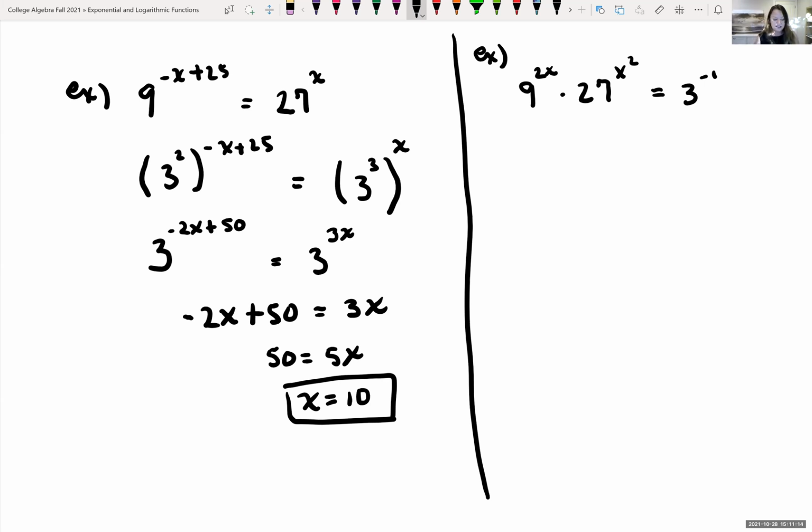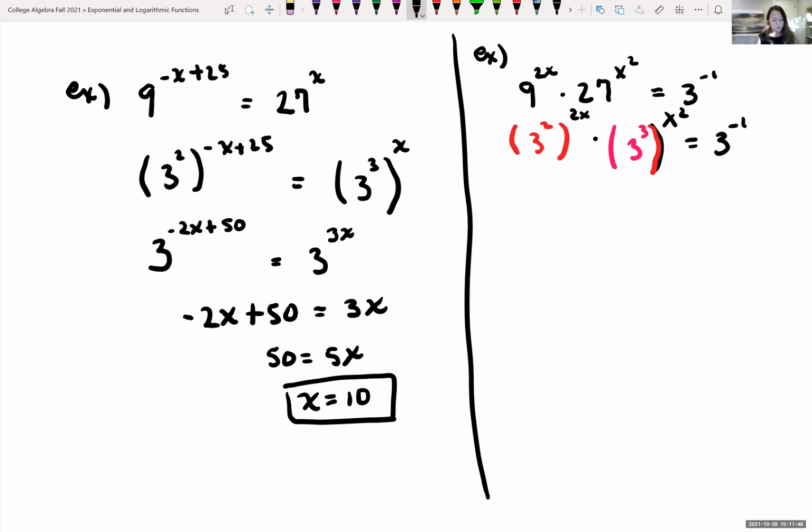I noticed that, again, 9 and 27 can be base 3. And so let's go back and rewrite that. So this 9 is 3 squared, all raised to the 2x power, times 27, which is 3 cubed, all raised to the x squared power, equals 3 raised to the negative 1.